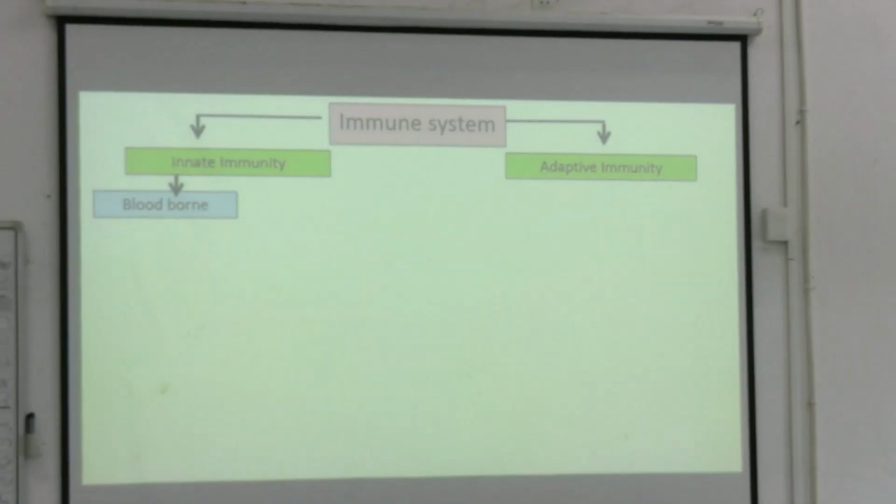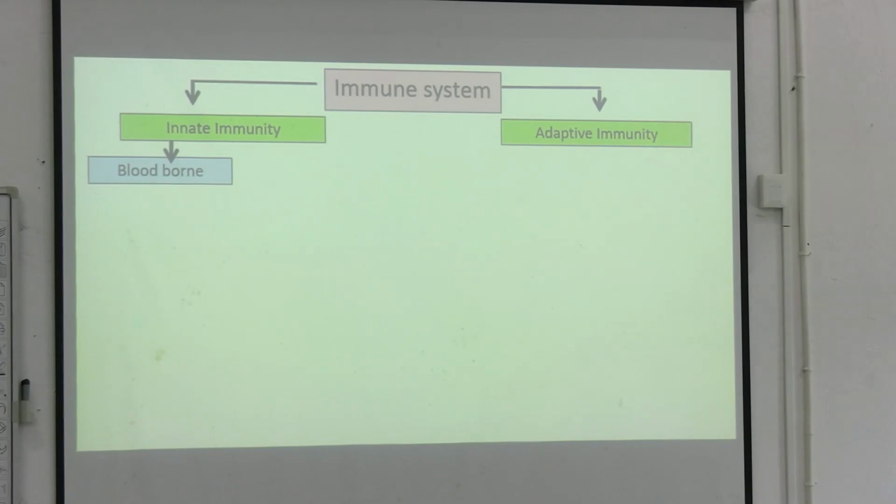Now as of today, you know our immune system has basically two important arms. The first arm is what we call innate immunity and the second arm is what we call adaptive immunity. What does innate immunity basically mean?